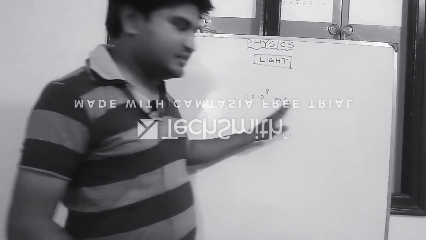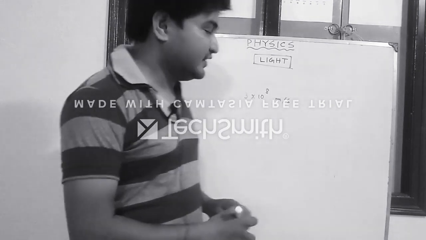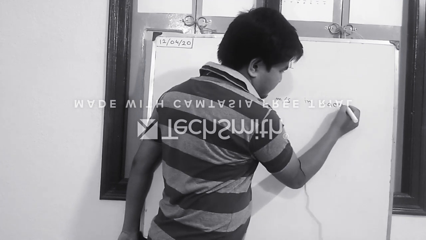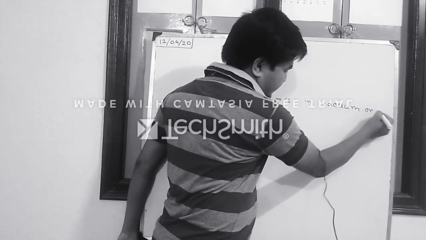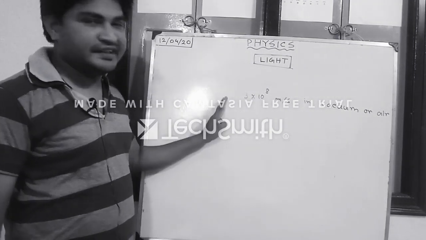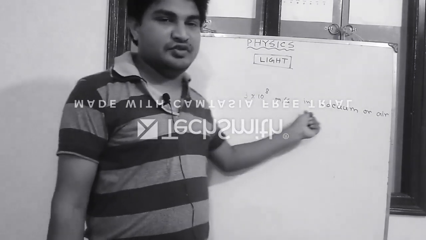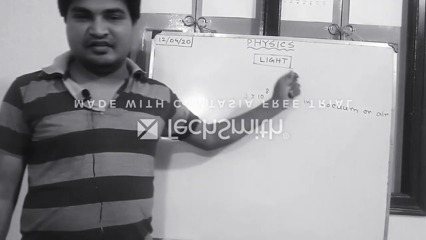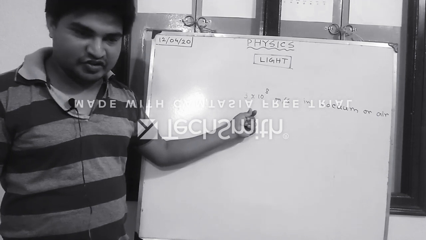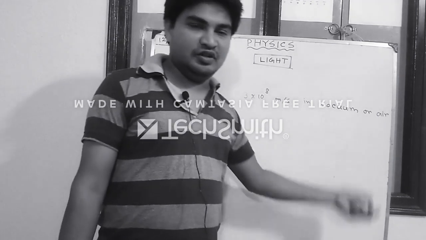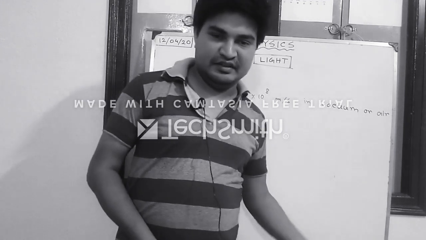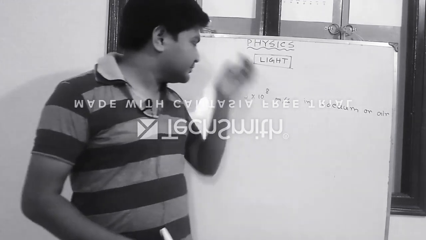The speed of light is 3 into 10 to the power 8 meter per second in vacuum or air. It's not that in each and every medium light will travel with this speed. If light travels through glass, the speed of the light will decrease, and in other media also. The denser the medium is, the less the speed of the light will be.